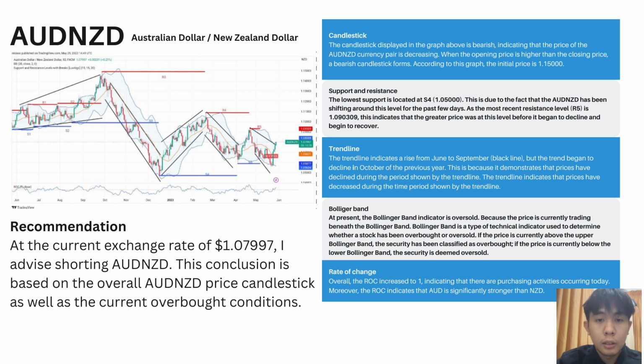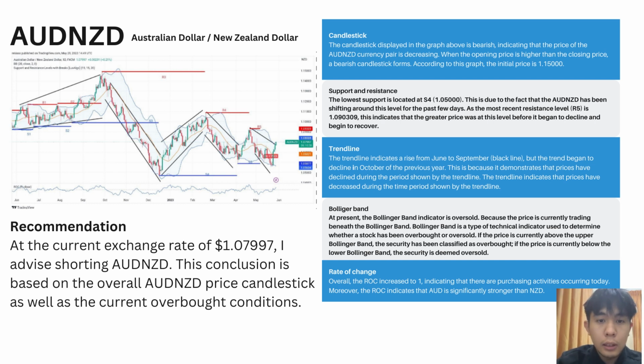After that, the Bollinger Band indicator indicates an oversold condition because the current price is trading below the lower Bollinger Band. This suggests that AUD/NZD pairs may be considered oversold according to this indicator. Furthermore, the rate of change has increased to 1, indicating purchasing activities taking place today.